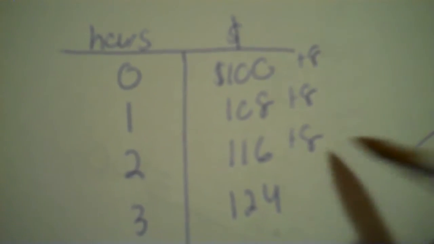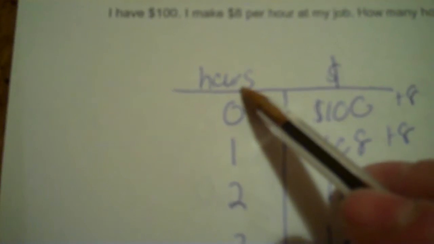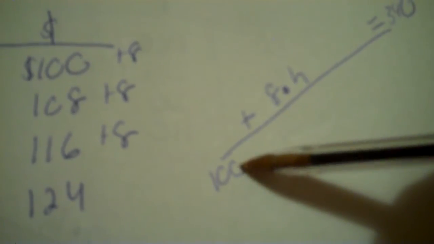Now up the line, you're going to put 100, that's your starting number, and you're adding 8, but you're adding 8 times the H for hours. That's why I'm using the letter H.